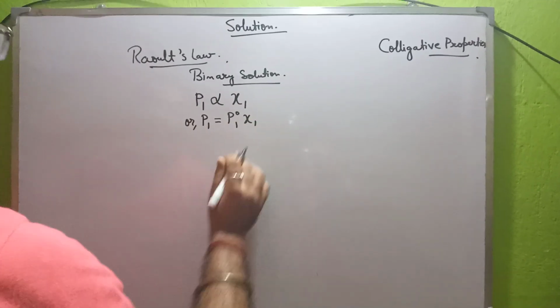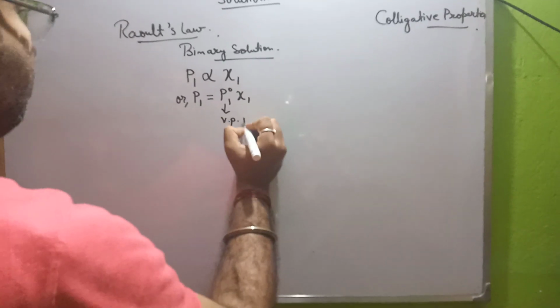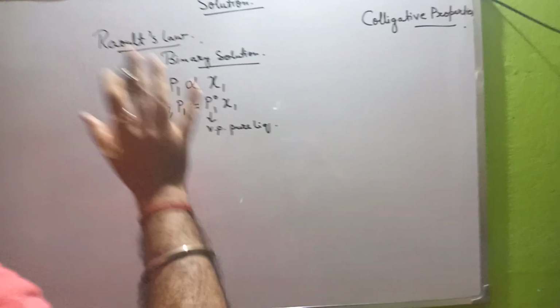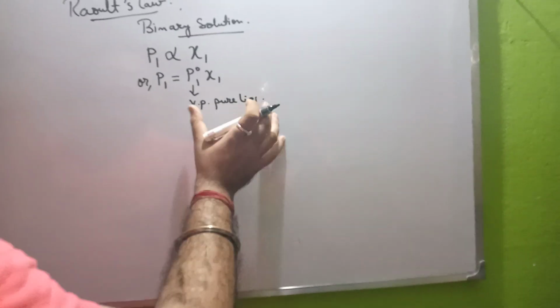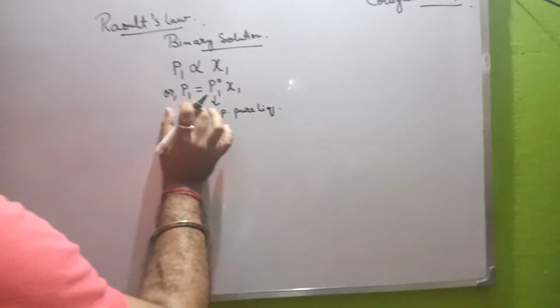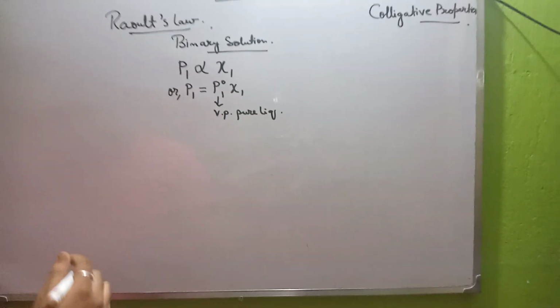P01 x1. What is P01? It is the vapor pressure of the pure liquid. Means when the liquid itself is only boiling, no other solute is being added to it, its vapor pressure is always more than the partial vapor pressure of the solvent in the solution.